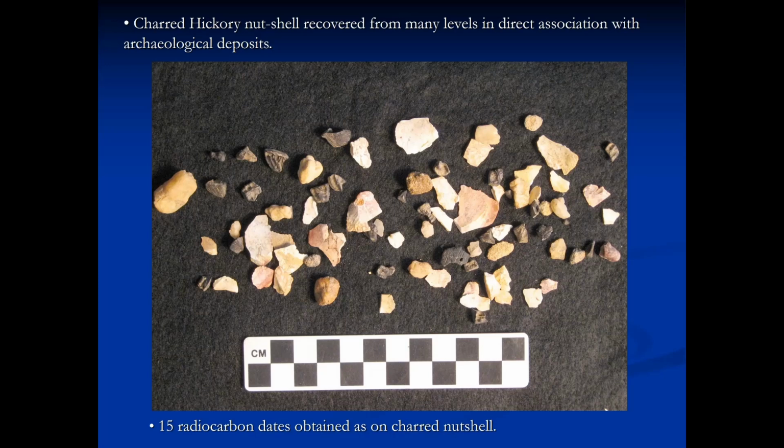We've dated some of this material as old as 11,000 years old. It looks like charcoal, like something you could pull out of your fire yesterday. And we've got multiple dates of 7,500, 8,000 years on pieces of charred hickory nut. It's one of the few things left in bay rims that we can date that we think is probably directly tied to people living there and processing hickory nuts for food.